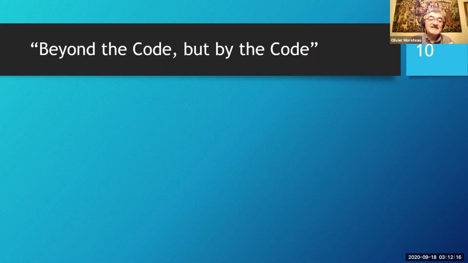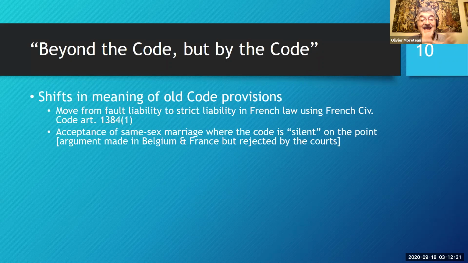The article is discussing shifts in the meaning of old code provisions, engineering the reading of the civil code, moving away from fault, though there is obvious evidence that legislative intent was that all the law of liability, all French tort law, was to be based on fault or negligence, but they use the general language of an article of the code to inject strict liability in substantial areas of tort law.